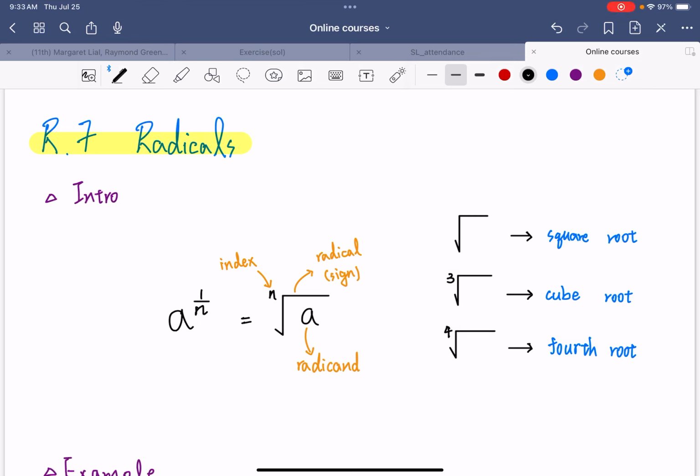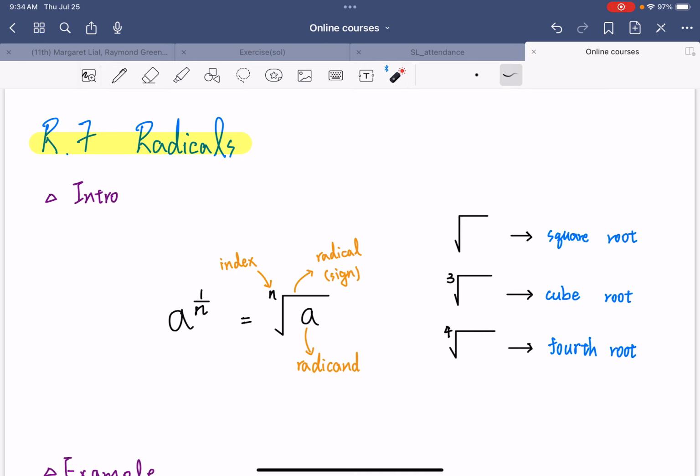Okay, hello guys. So today we are going to talk about radicals. The concept of radical is a little bit similar to square root, or we can say square root is part of the radical definition.